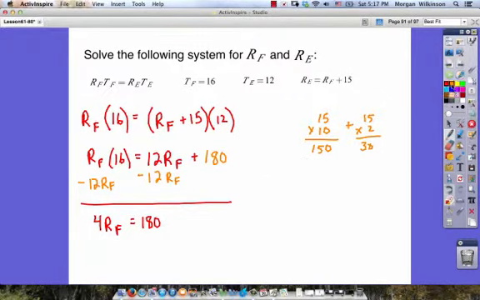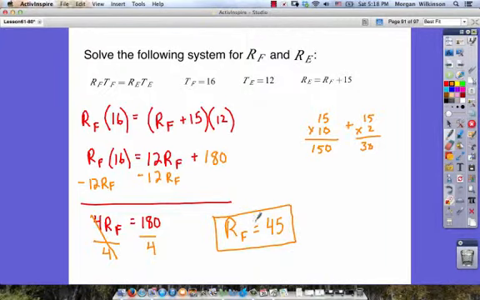Then we need to divide both sides by 4 to figure out what r sub f is equal to. 180 divided by 4: if we cut 180 in half, that's 90, and then we cut that in half again, we get 45. So we've got our answer. R sub f must be equal to 45.